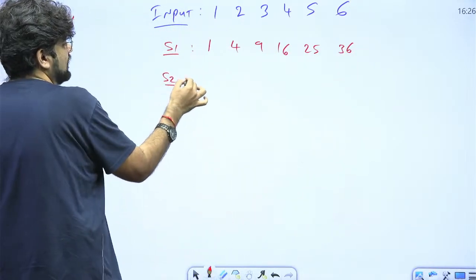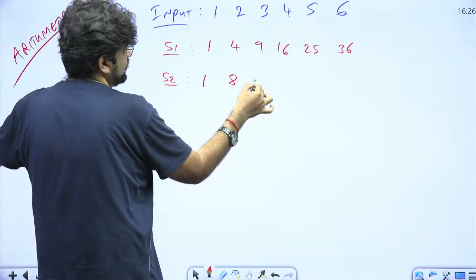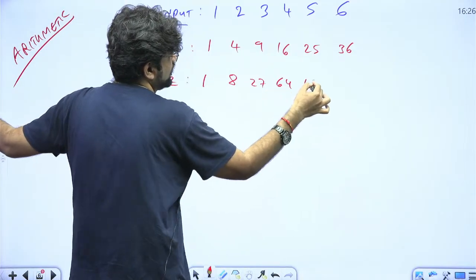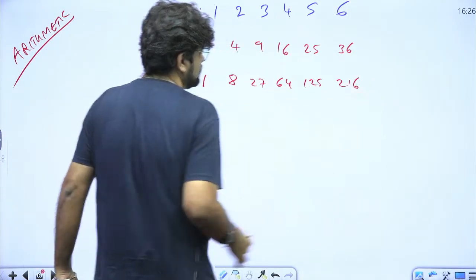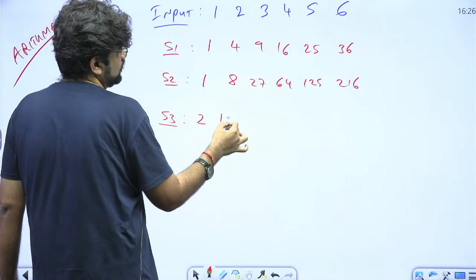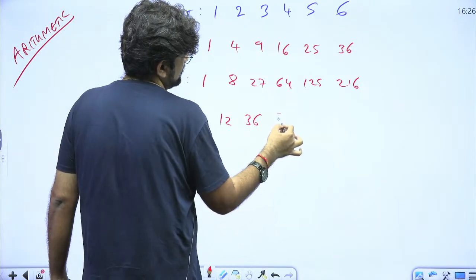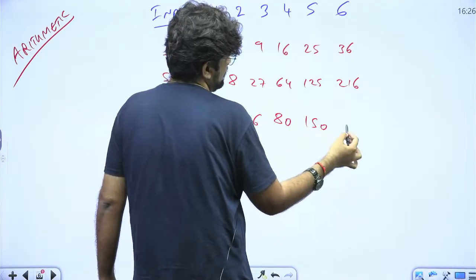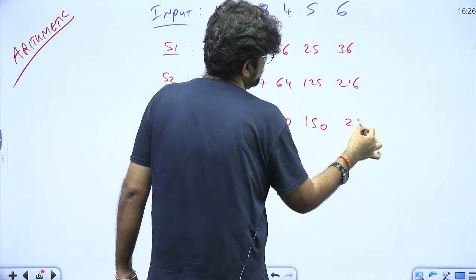Step 2, I will have 1, 8, 27, 64, 125, 216. Step 3, I am having 2, 12, 36, 80, 150, 252.